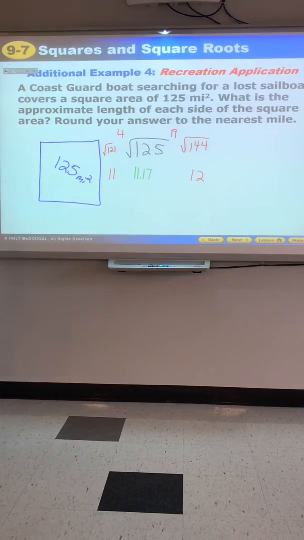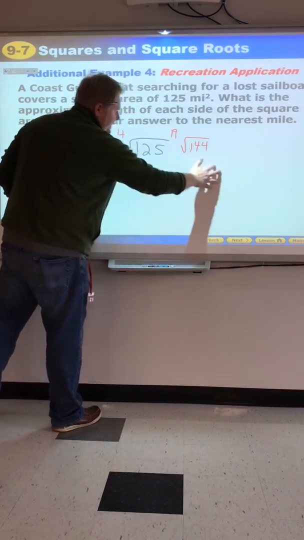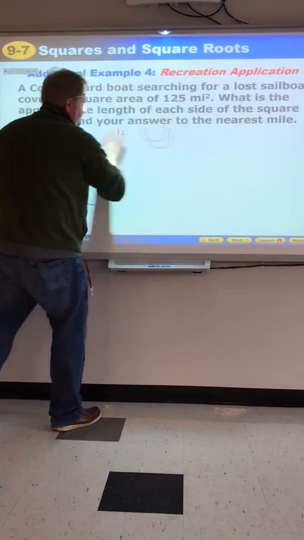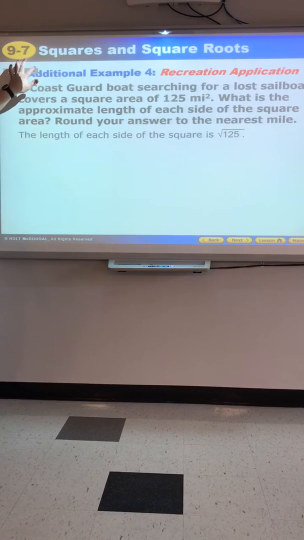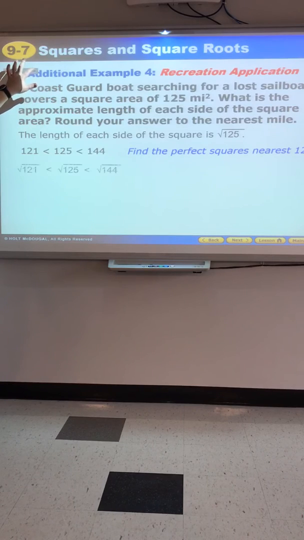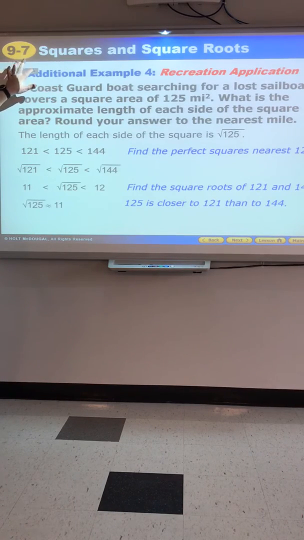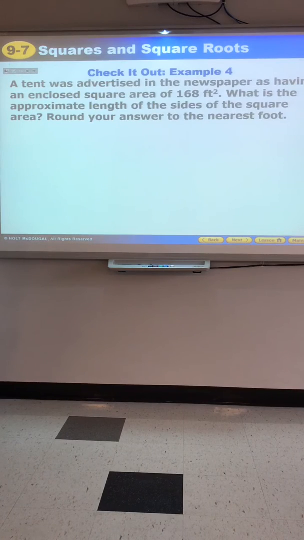Maybe. All right, let's see how I do. See if I estimated better this time than last time. All right, so square root of that. We know that they use the same numbers. This is off to a good start. It's much closer, so we're going to be around 11. All right, so we estimate that it's around 11. You can check on your calculator.